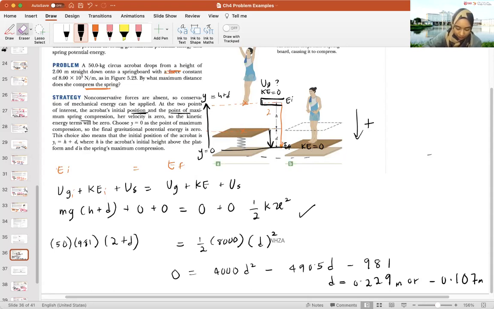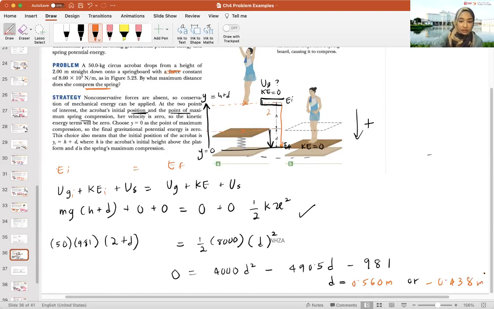So A is 4,000 minus 490.5 minus with 981. So dapat 0.560 meter or minus 0.438 meter.